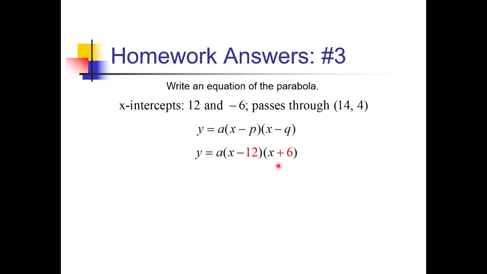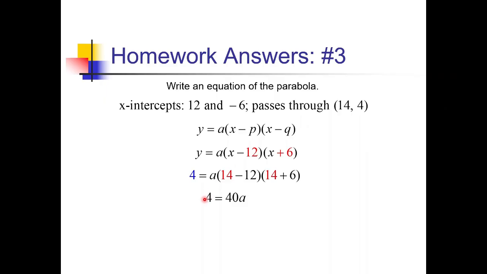Now that I've got that in there, I need to find my a value, which I can do by replacing the x and the y that are still there with this other point they gave me, 14 comma 4. So the y I'm going to replace with a 4, and all the x's I'm going to replace with this 14. So now crunching the numbers here to solve for a, we've got 2 times, this is going to be 20, so that's 40.